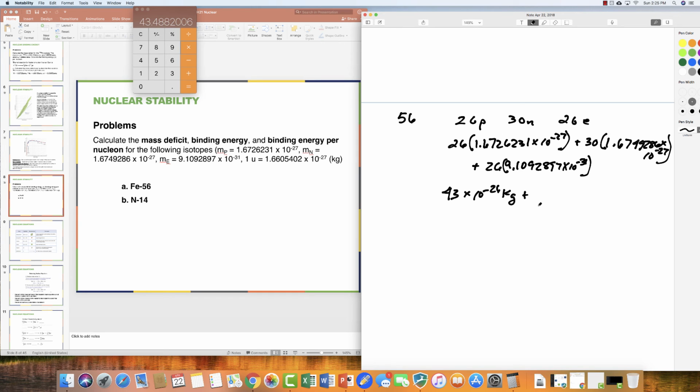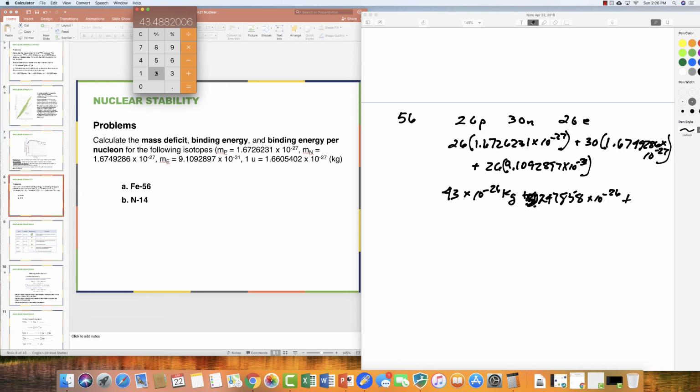And 30 times that number, let me see if I can do this without using the calculator, is going to be 5.0 times 10 to the minus 26.